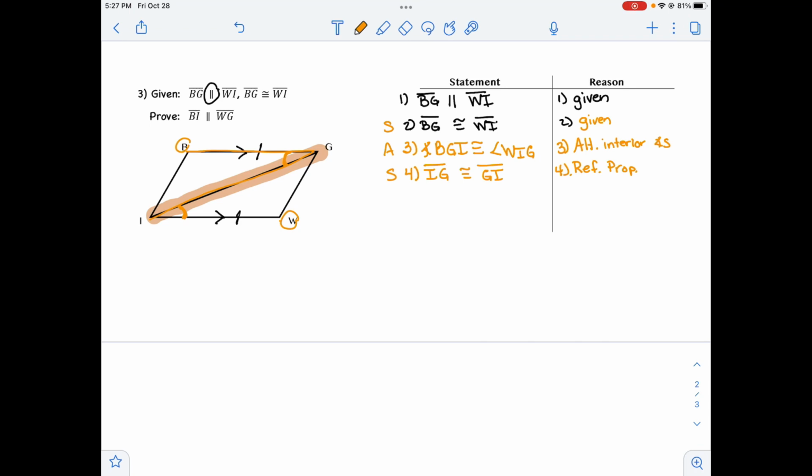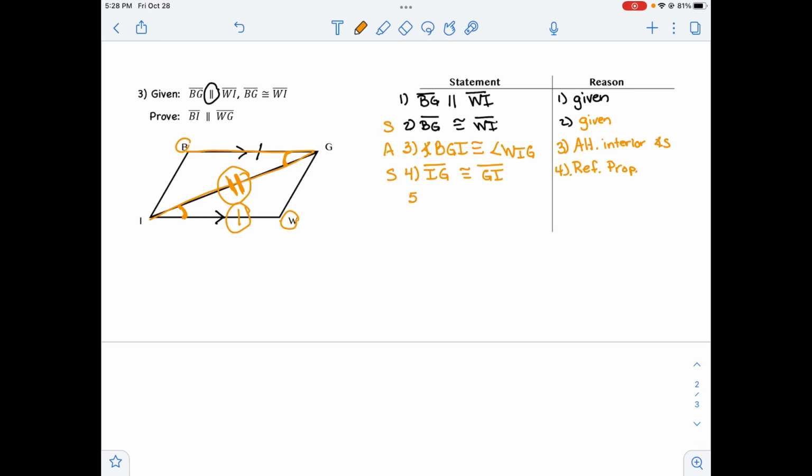So we have an angle and an angle, a side and a side, and then this side here that's the same. We've got to look and see, based on what is marked, what do we see? We have an angle, and it is in between a side and a side, so we know that this is side angle side.